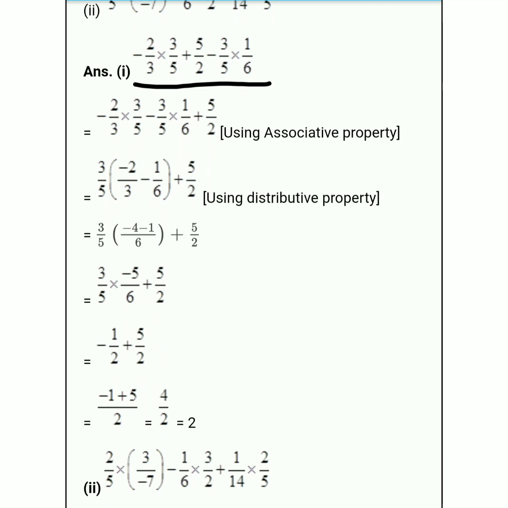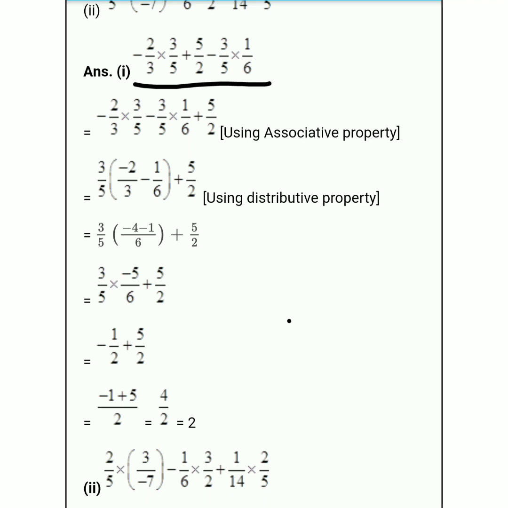I explained in the theory part that addition or subtraction can separate the terms, but multiply and division do not separate the terms. Only addition and subtraction separate the terms. That means whenever we see a positive or negative sign, at that point a new term will start.